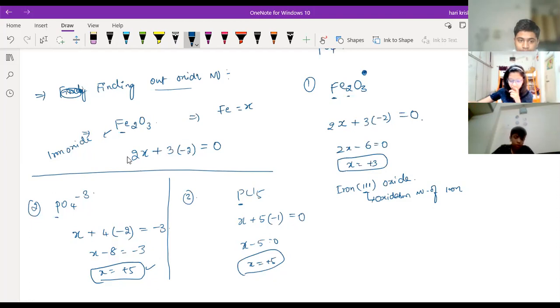Okay. So in compounds like iron 3 oxide, iron 2 oxide, the number written is the oxidation number, not the valency. Suppose if I say iron 2 oxide, what is the formula?